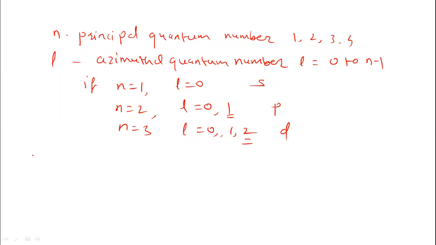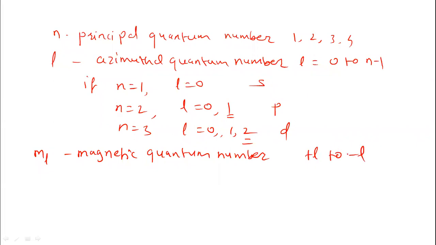Then the next quantum number is the magnetic quantum number, ML. The magnetic quantum number has values from plus L to minus L, and the total number of values is equal to twice L plus 1.